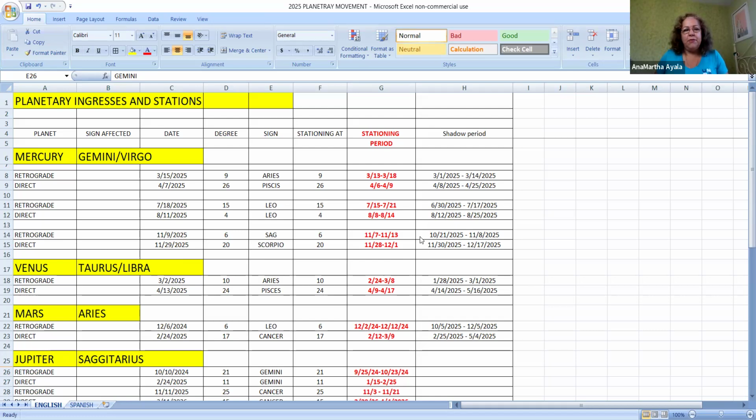Now, for Venus, Venus goes retrograde March 2nd of 2025 at 10 degrees of Aries, and it goes direct April 13th of 2025 at 24 degrees of Pisces. Venus retrogrades affect mostly Taurus and Libra because they're ruled by Venus.